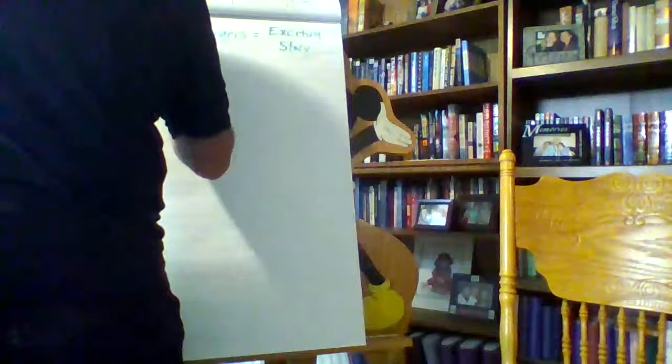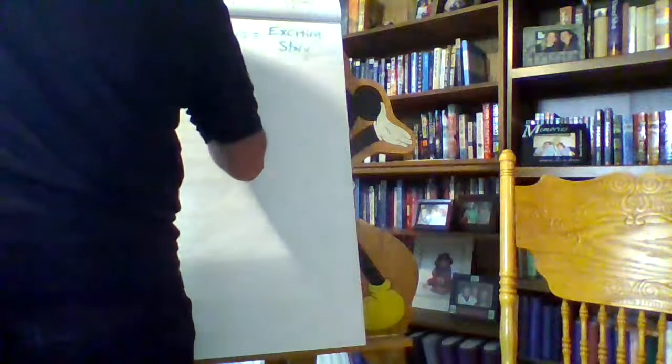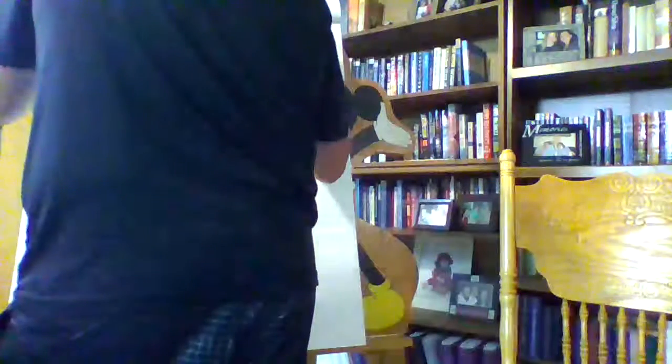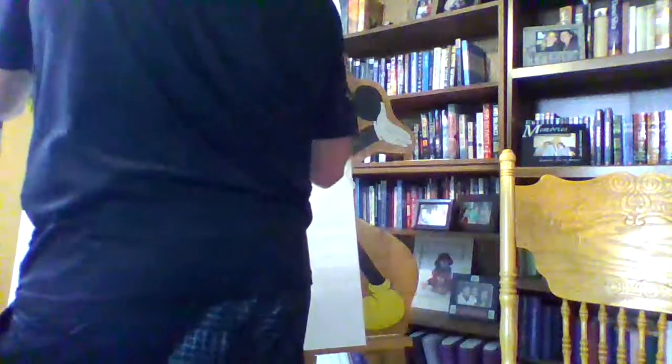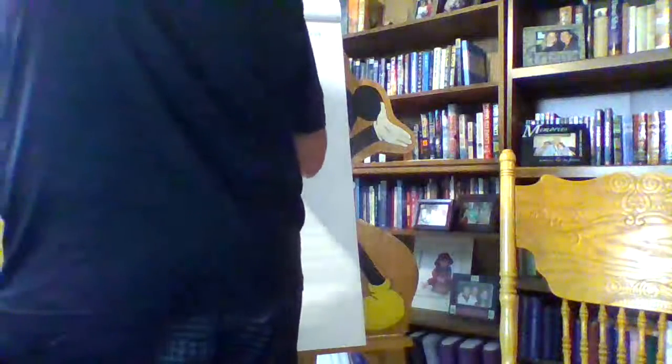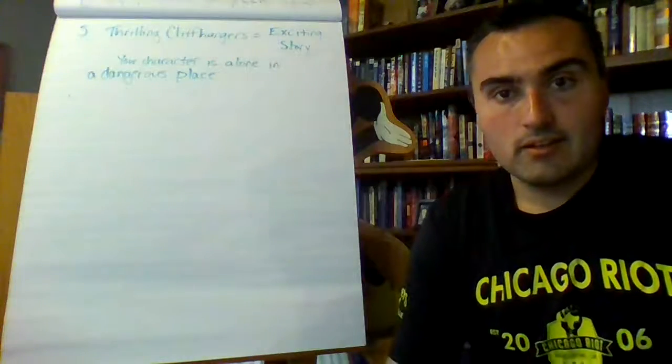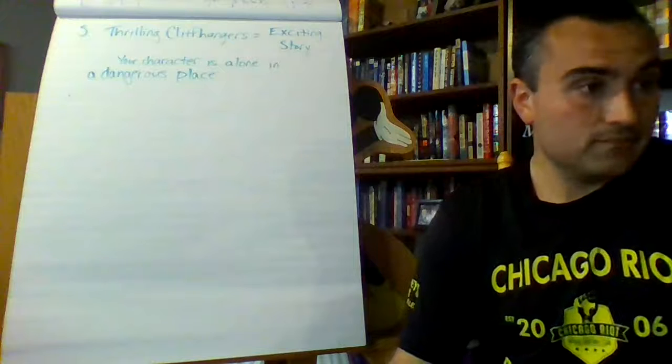So your character is alone in a dangerous place. That could be up to you where they're at. That's this dangerous place, but they have to get out of it.